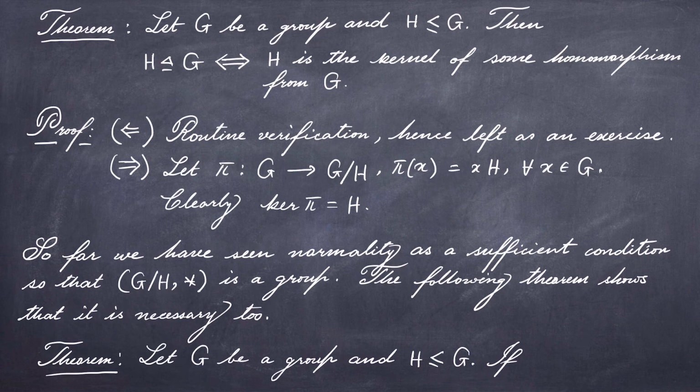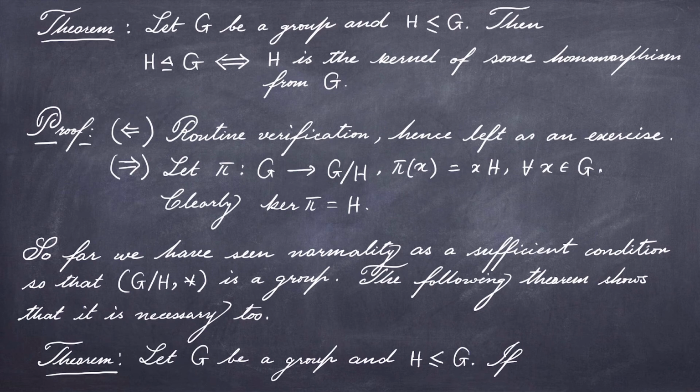So, try to understand. In the beginning of this lecture, we found that being the kernel of some homomorphism is a sufficient condition. Right now we have obtained normality as a sufficient condition for star being a binary operation.